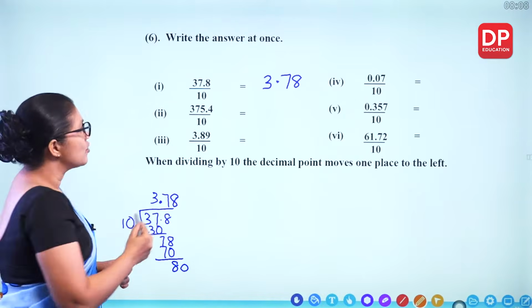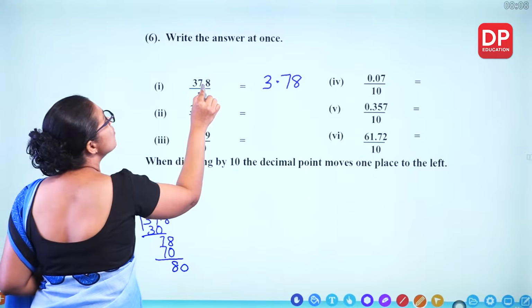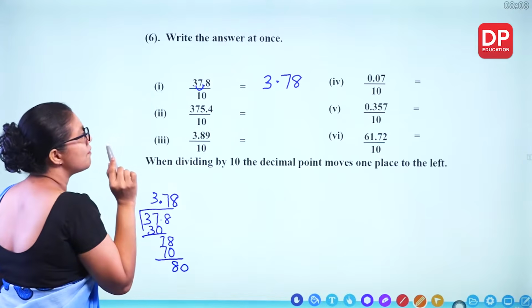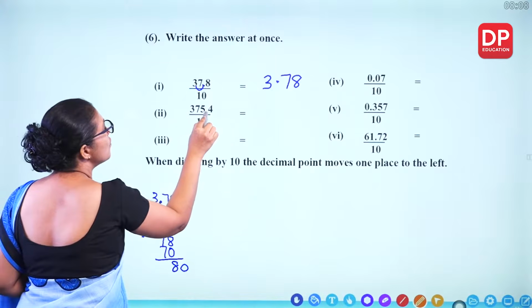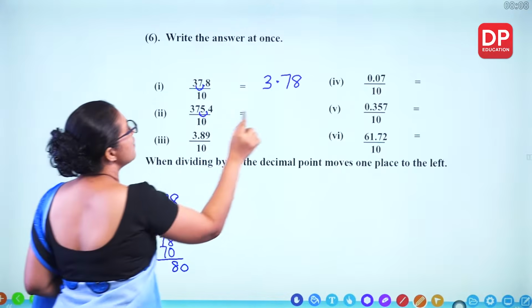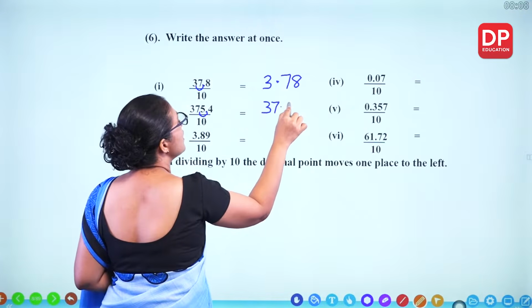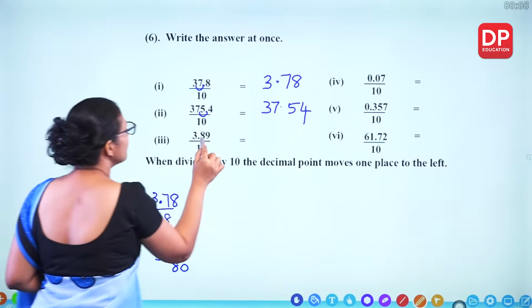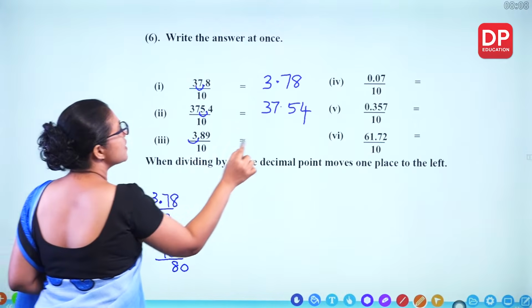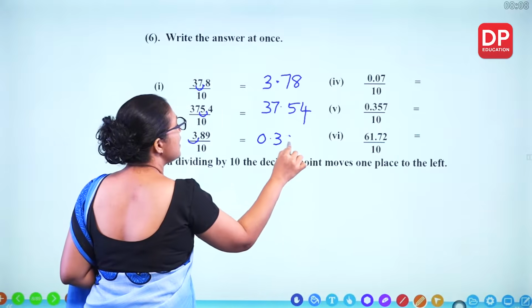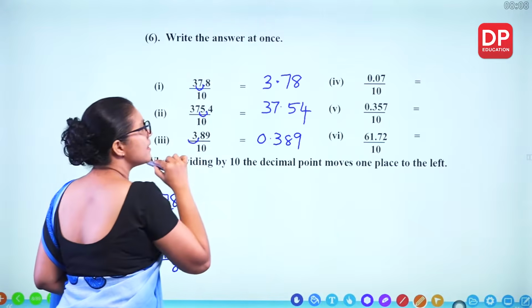Now what happens actually? This one moves 1 place to the left now. So here move 1 place to the left. 37.54. 1 place to the left. 0.389.